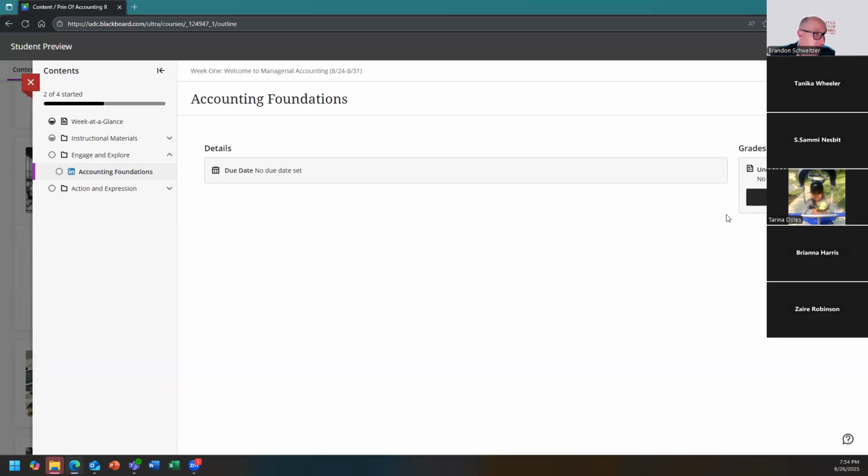So a way to help us connect Principles 1 to Principles 2 is that this Accounting Foundations certificate will help to trigger your memory about what you remember from Principles of Accounting 1.